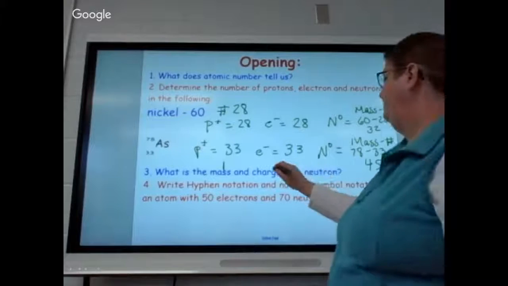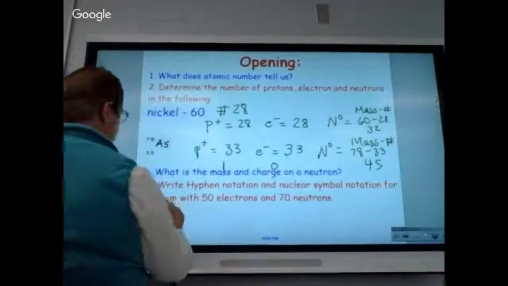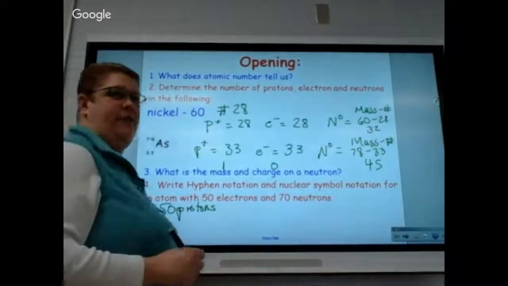Yep. All right, so we want to write hyphen and nuclear symbol notation. So we got to go backwards. If we have 50 electrons, how many protons do we have, Eric? 50 protons. All right, so what tells us the element given that information?